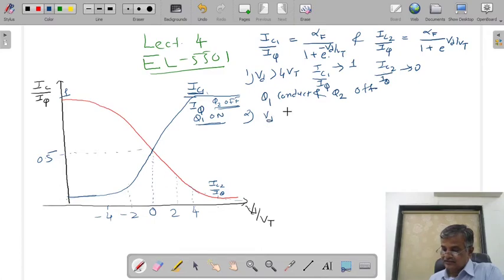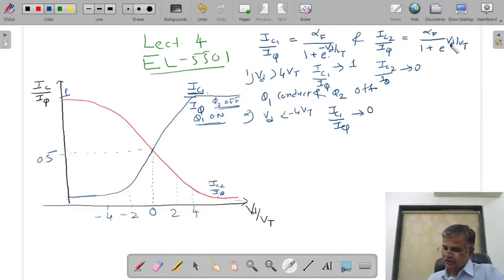When VD is less than minus 4 VT, on this side, minus 5, minus 6, minus 7, minus 8, then e raised to 4 appears in IC1, so 1 upon 1 plus e raised to 4, and IC1 by IQ tends to 0.